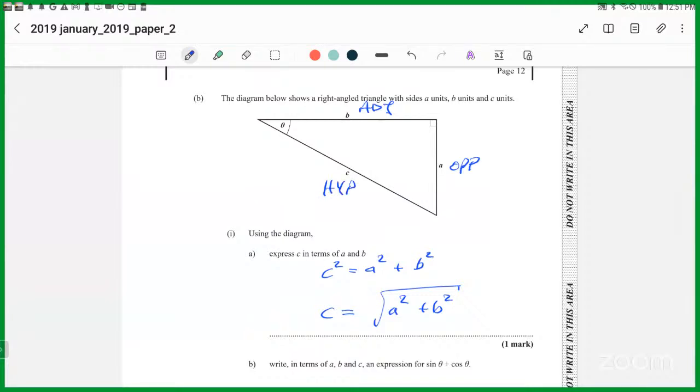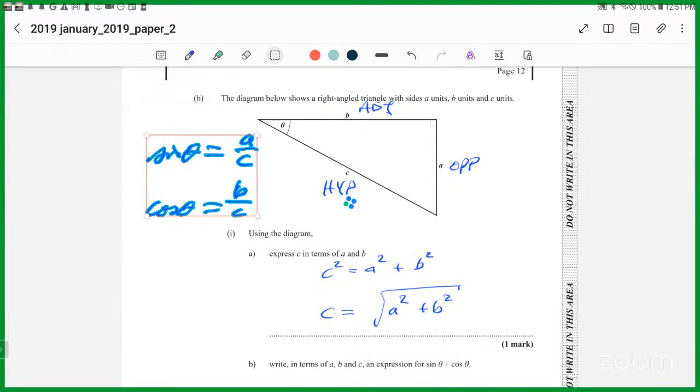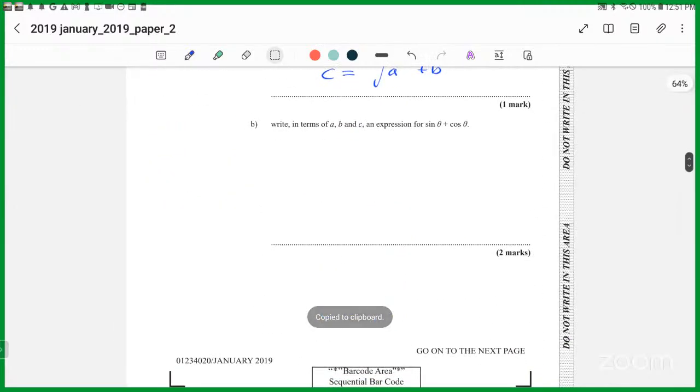The sine of theta equals the opposite A over the hypotenuse C, and the cos of theta equals the adjacent B over the hypotenuse C. So these are the two we have, and I want us to add them.